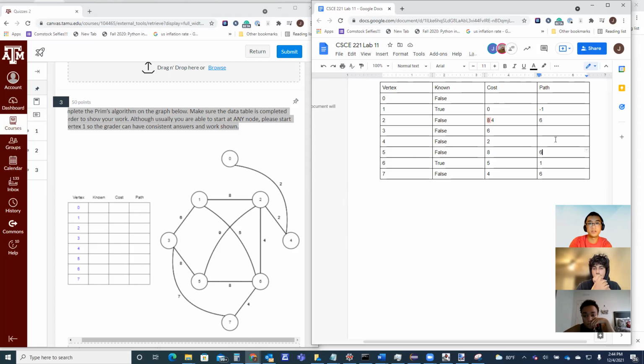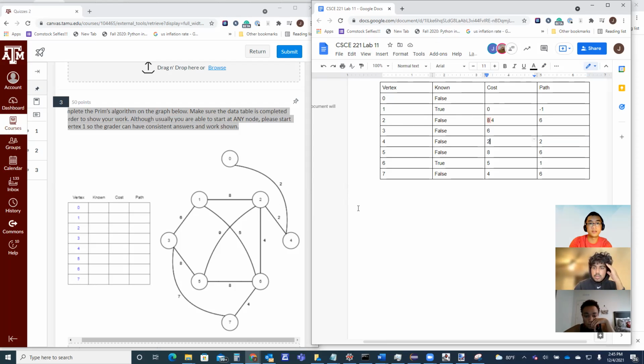So that means 2 becomes path 6, and then the lowest one was 4, right? Yeah. So the path from 4 is to 2. 4 goes to 2. And now we finish 4.